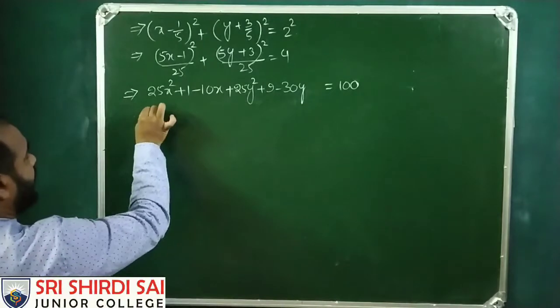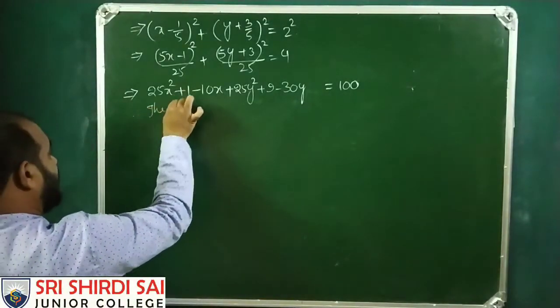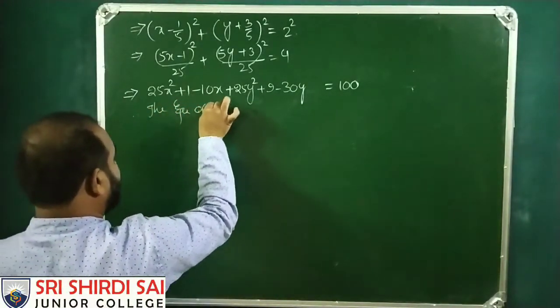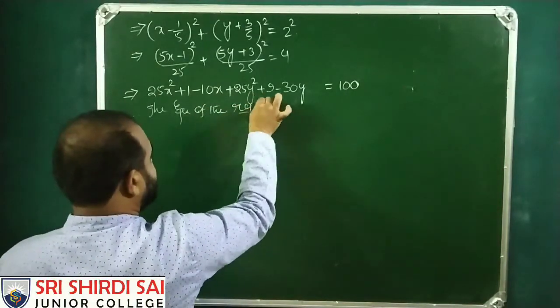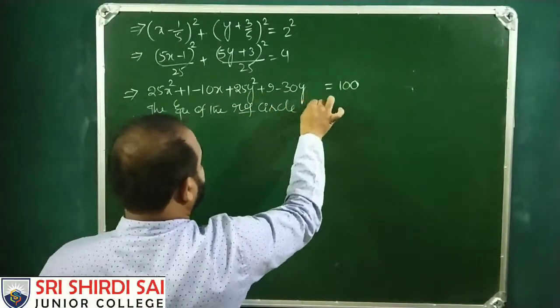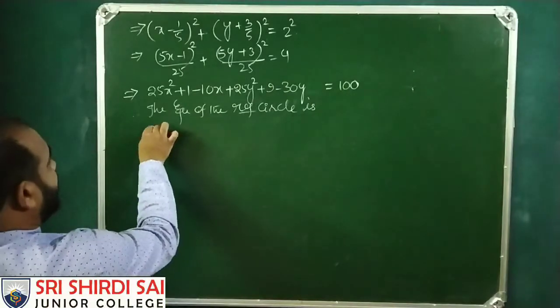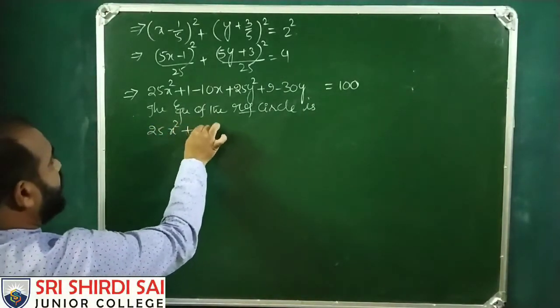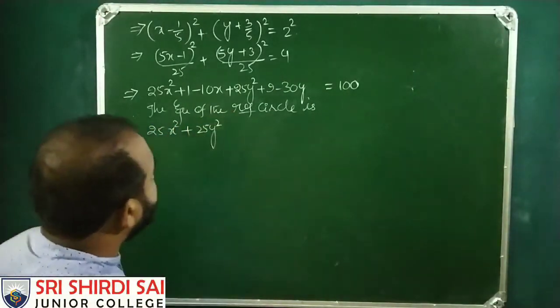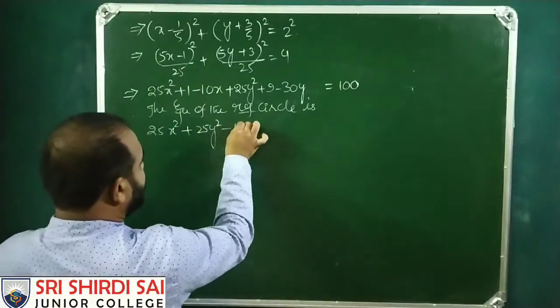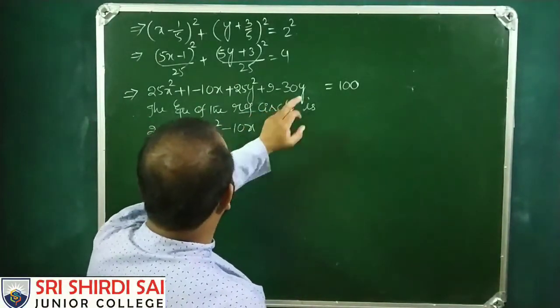Therefore, the equation of the required circle is 25x square plus 25y square minus 10x minus 30y.